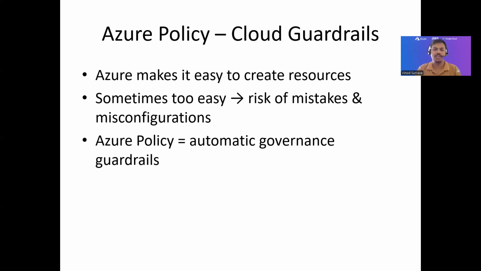But if we don't have governance enforced at all, then it is going to put the whole organization into risk situations, and even misconfigured workloads. And that is why we have to go ahead and enforce the guardrails, which is Azure governance. So let's go ahead and understand it more.